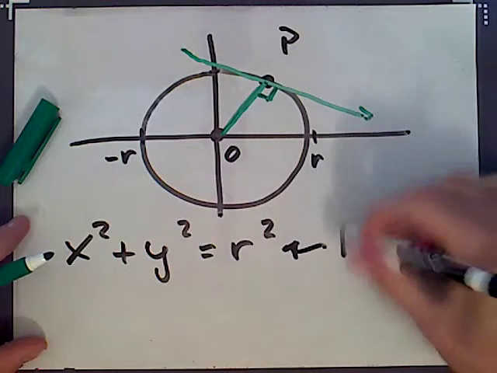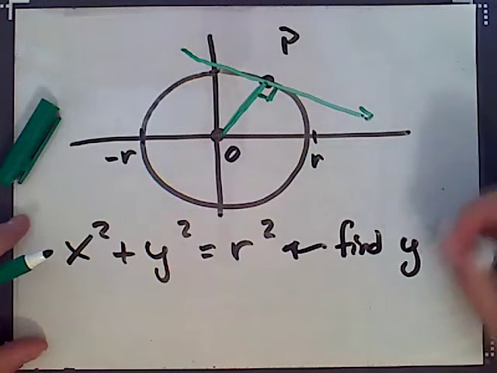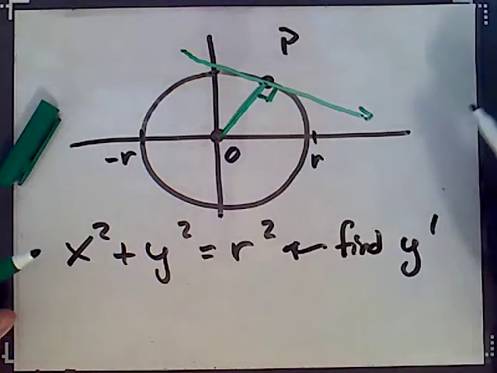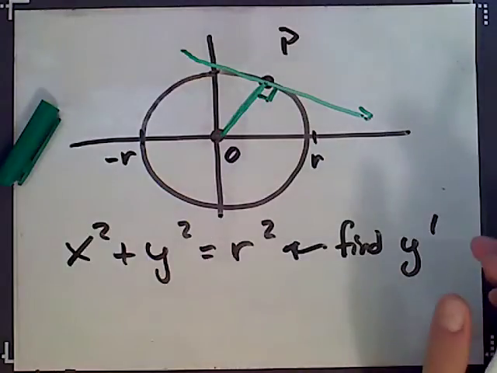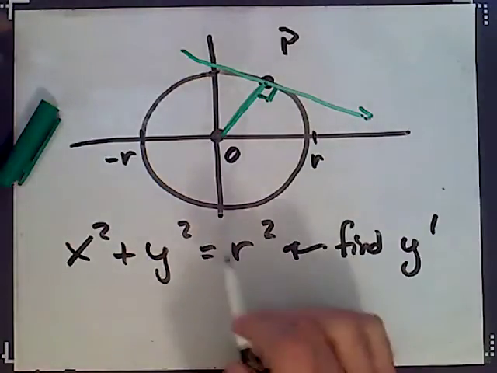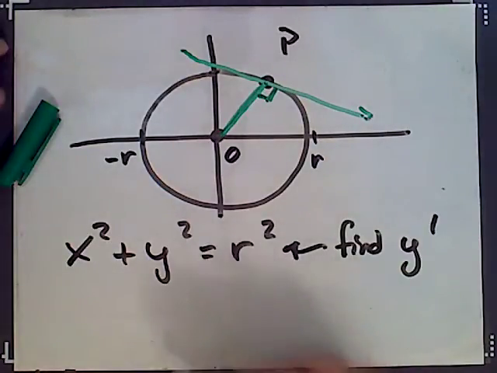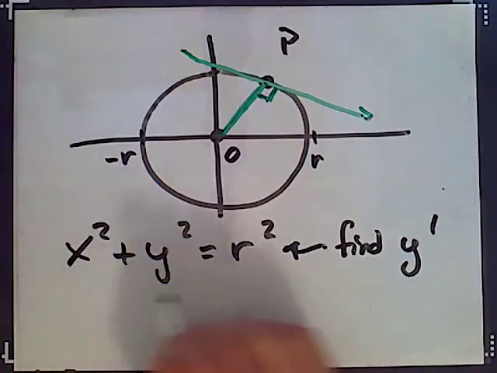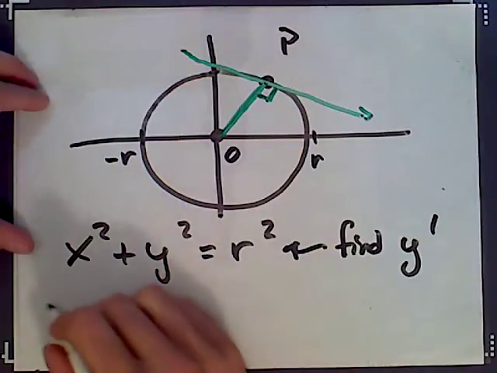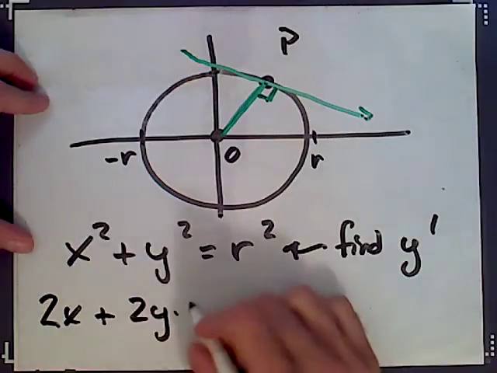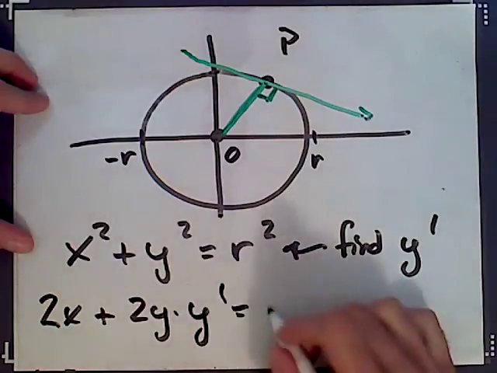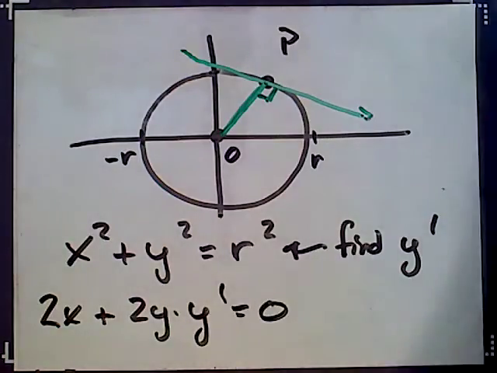So the goal is to first find y prime so that we know something about the slope of this line. We're going to use implicit differentiation, because here y is defined implicitly in terms of x. Taking the derivative of the left-hand side, we get 2x plus 2y times y prime equals 0, because r is a constant.